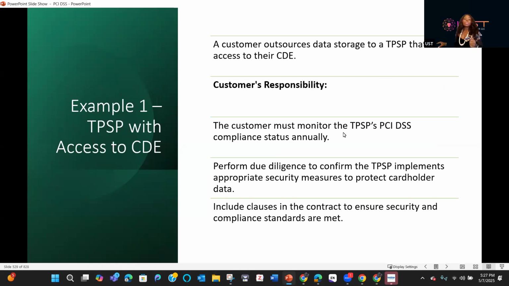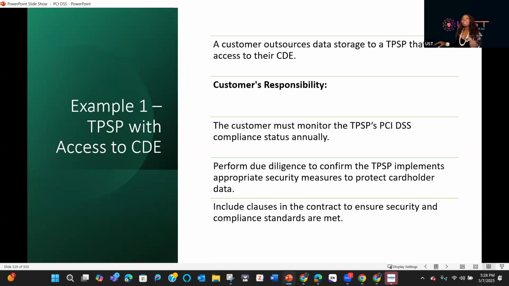The customer must monitor the third party's PCI DSS compliance status annually. They'll definitely have to perform their due diligence to ensure that controls are being implemented and are able to protect your valuable trust, that's your customer data. And you also need to include clauses in your contract that ensure security and compliance standards are met.